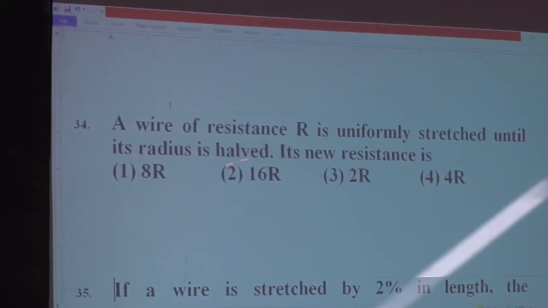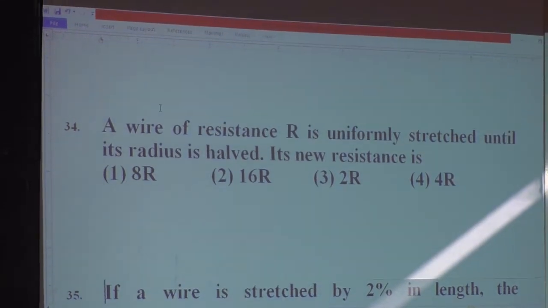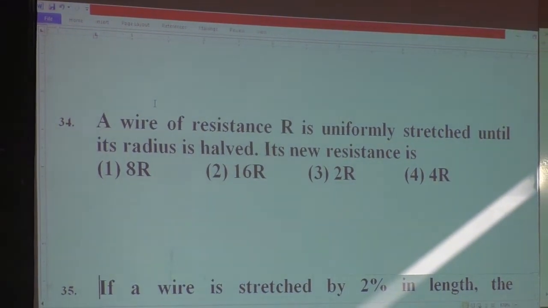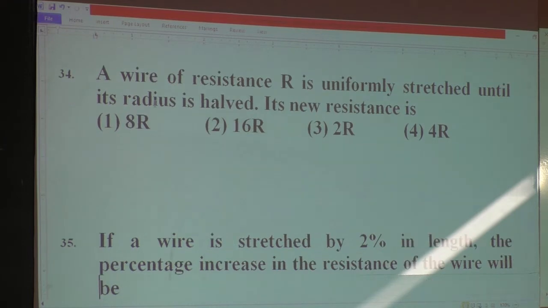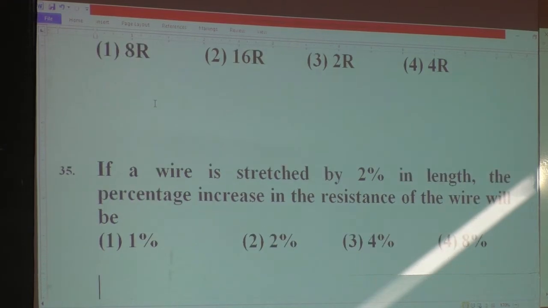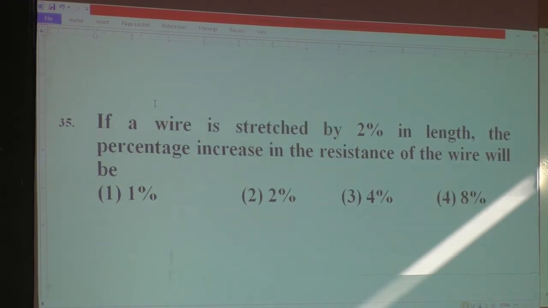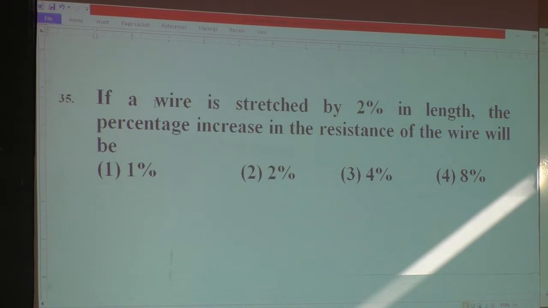Yesterday we discussed this part. Then this part also, we have stretched this wire. A wire is stretched by 2% in length, then the percentage increase in the resistance will be? Here we have not discussed 2%, we have discussed 20%, 10%, and so on.